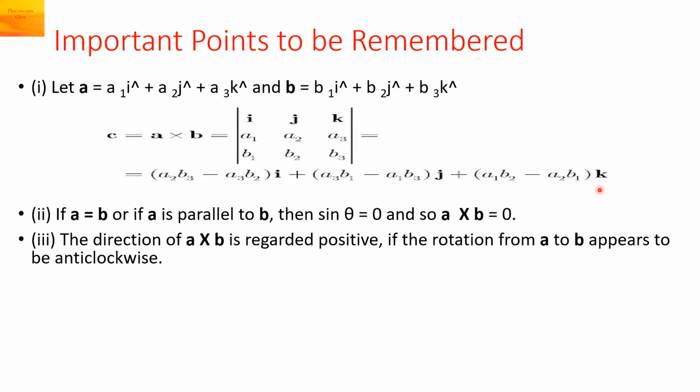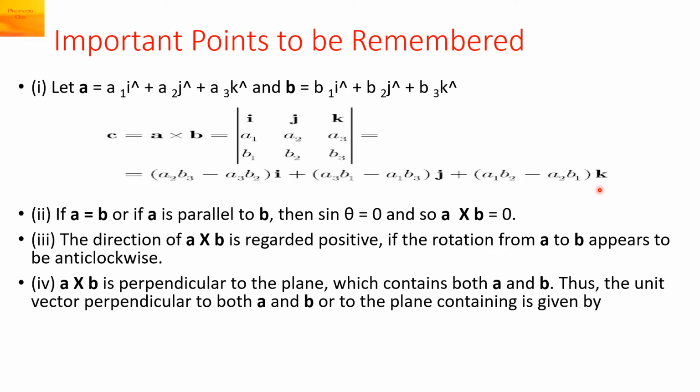These are some points that can be studied about the vector product. We can find out the unit vector n cap as A bar cross B bar divided by mod of A cross B bar.